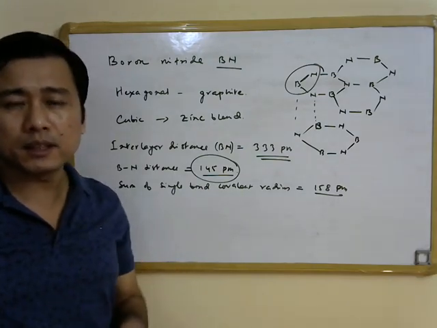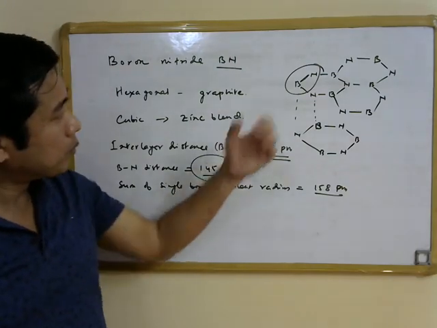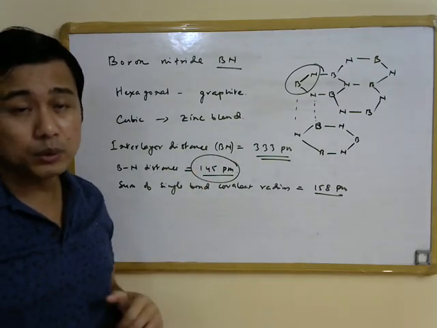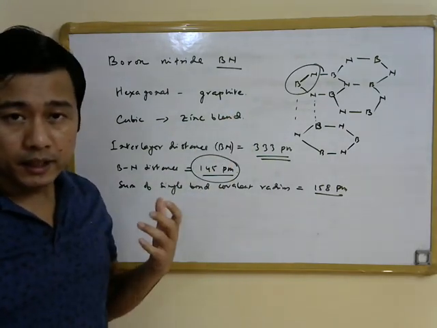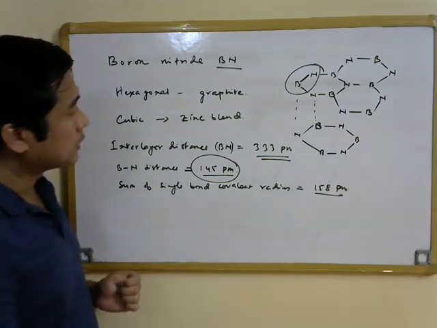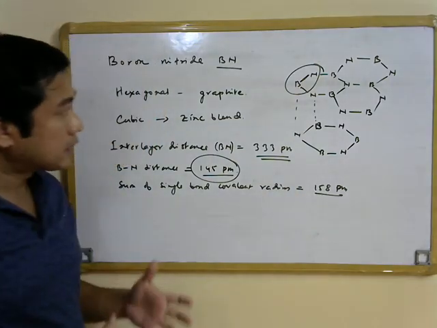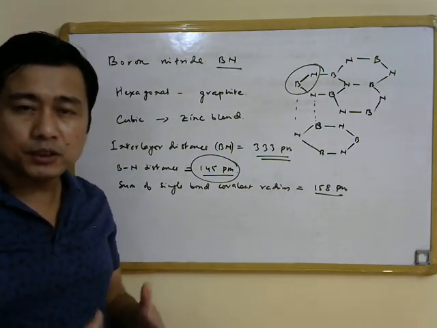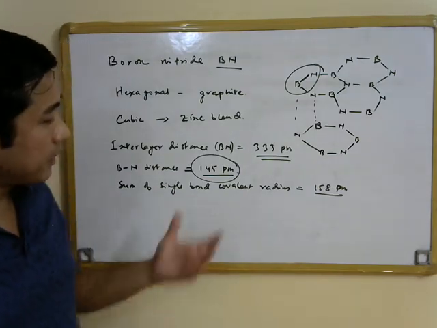This tells us that there is substantial double bond character in the intralayer BN bonds in case of the hexagonal boron nitride phase. So this essentially tells us that the hexagonal BN phase is quite similar to graphite in terms of the structural aspects.